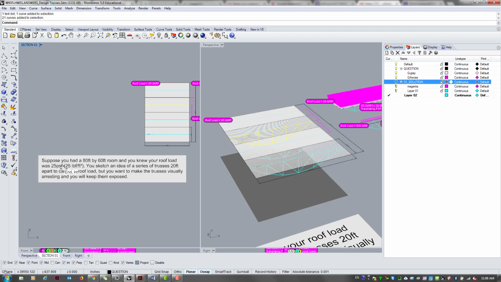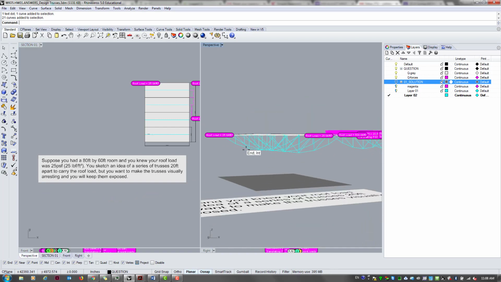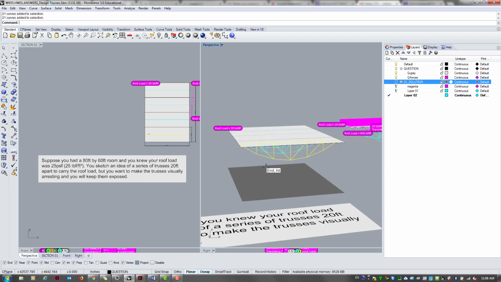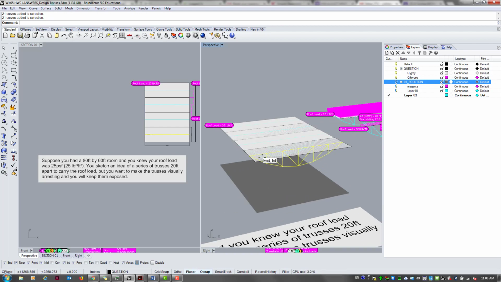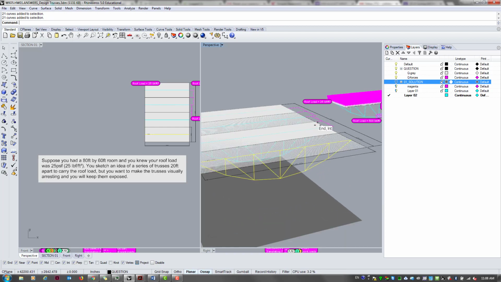PSF, I don't really like that way of notations. I wrote it as pound force per feet square. Same exact thing. So you sketch an idea of a series of trusses 20 feet apart to carry the roof load, but you want to make the trusses visually interesting, and so it will be an exposed roof truss like this, and you want it to be nicer than maybe something like that.